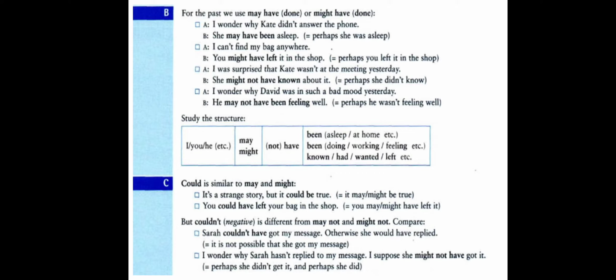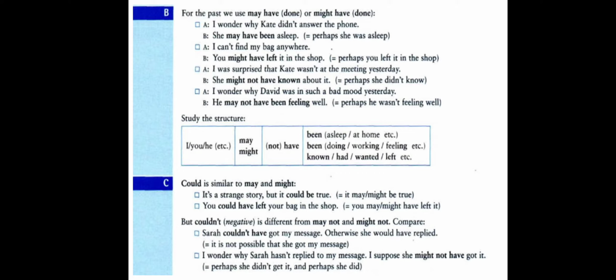Example 1. I wonder why Kate didn't answer the phone. And here we have didn't, underline didn't. And didn't means we speak about something in the past. So the other person says, she may have been asleep, or she might have been asleep. Here may or might are used, followed by have plus past participle.